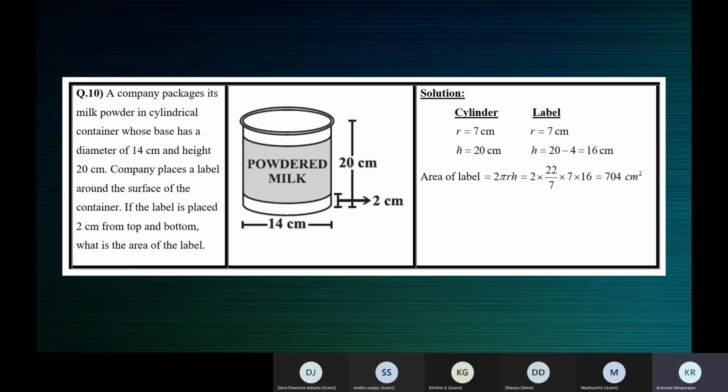You can use a capital H here, just to differentiate. Completed, ma'am. All right.